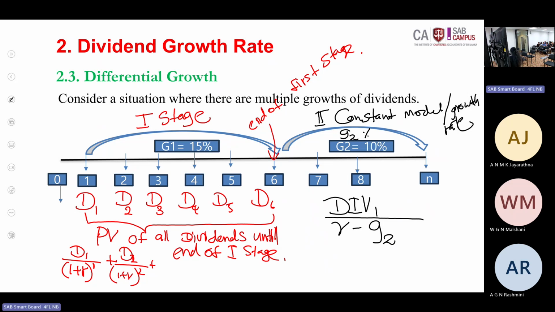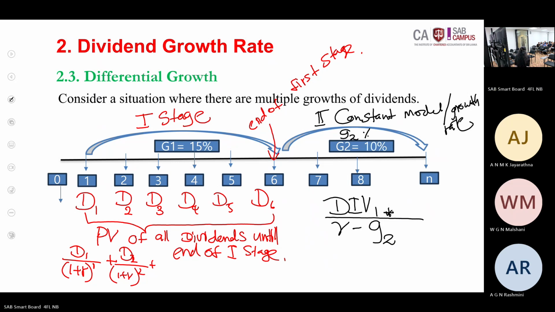Now, important thing. Can we find D1 here? No. So what should we take there? Very good. Every dividend is close to constant. Equal. Do we have an equal dividend? No, we don't.